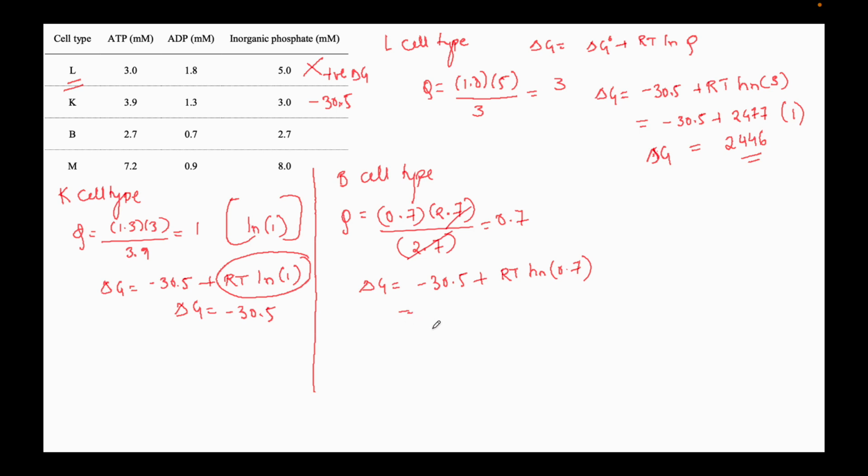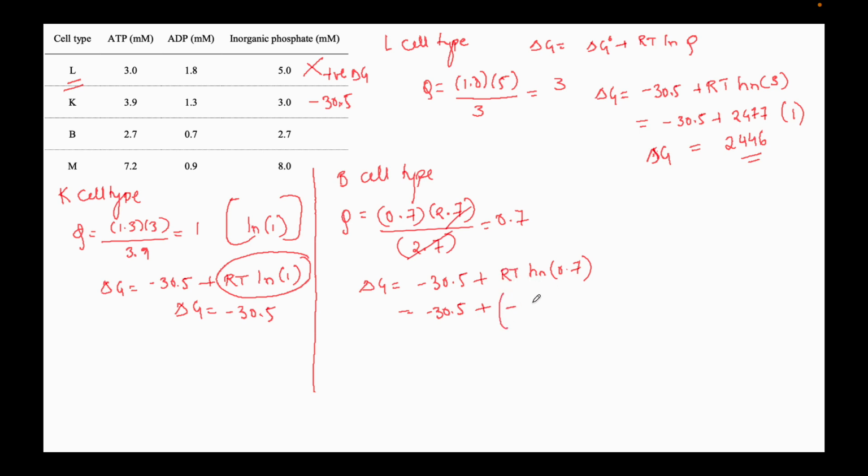If you pay attention, if any value is less than 1, the natural log will be negative.